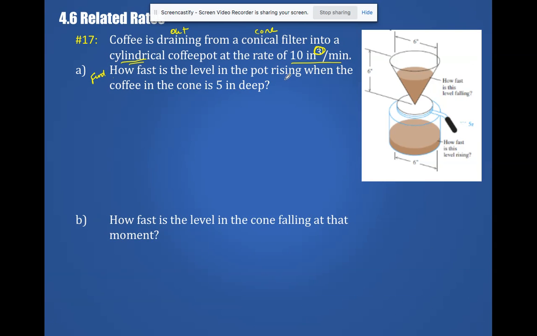What shape is the pot? The pot is the cylinder. When the coffee in the cone is 5 inches deep. So, what do I want to know? What do I know? Volume, because it's cubed.